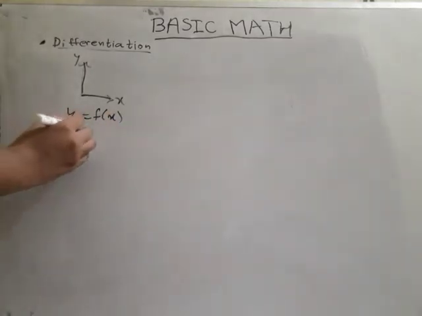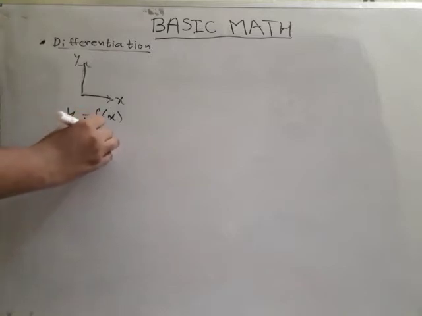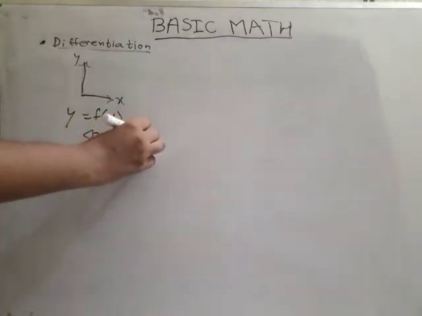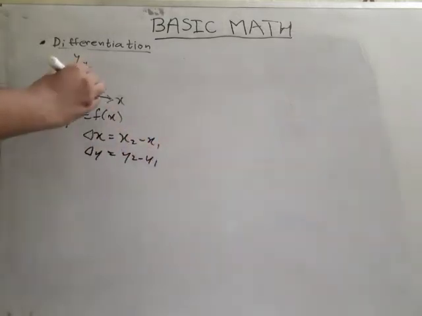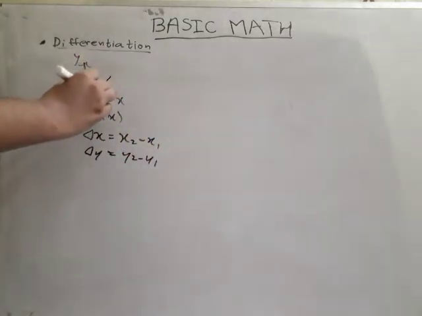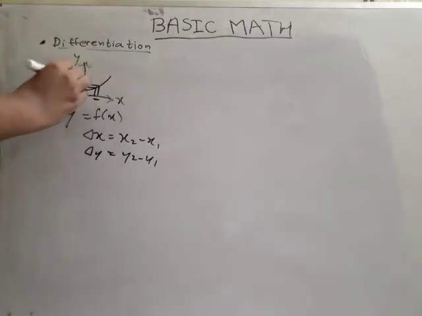Now for a certain change in x, which is shown as delta x equal to x2 minus x1, we get a change in the value of y, which is delta y equal to y2 minus y1. Suppose the graph is like this, with x2 minus x1 here and y2 minus y1 here, that is delta y here and delta x here.